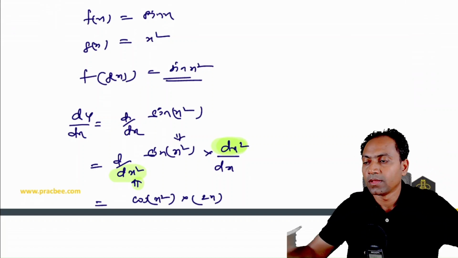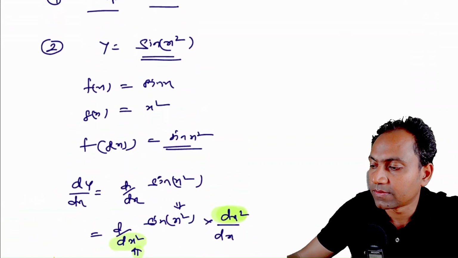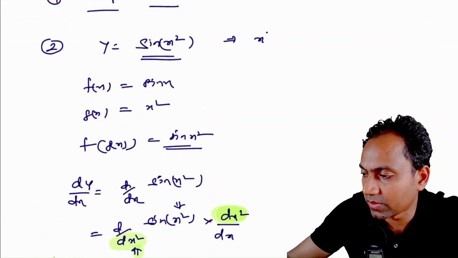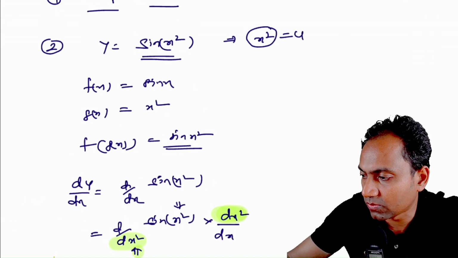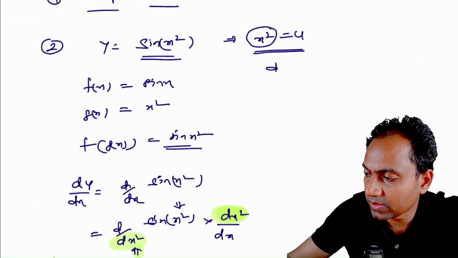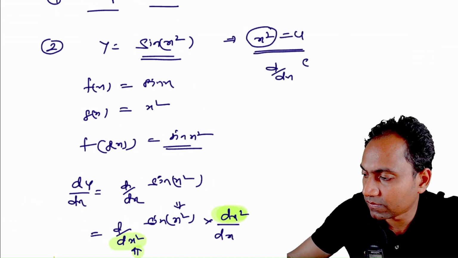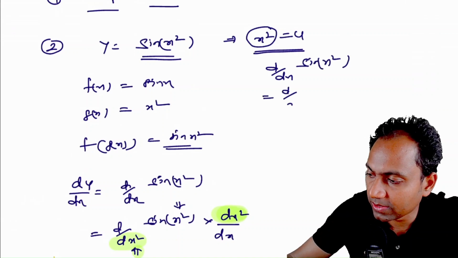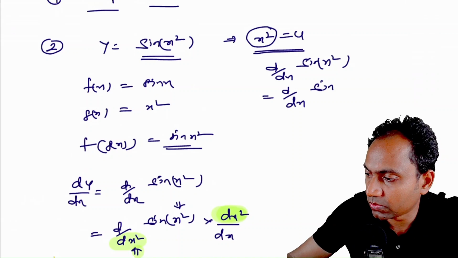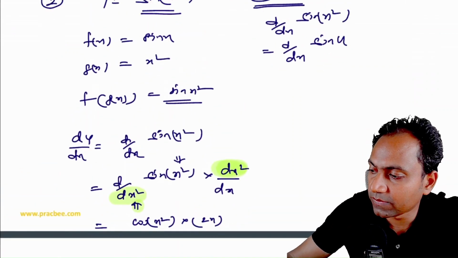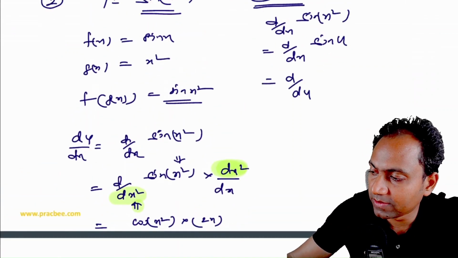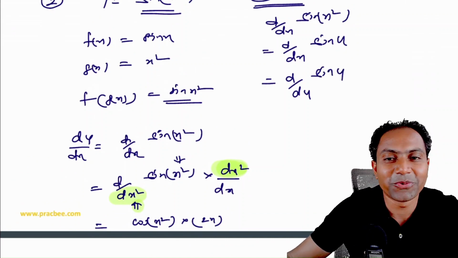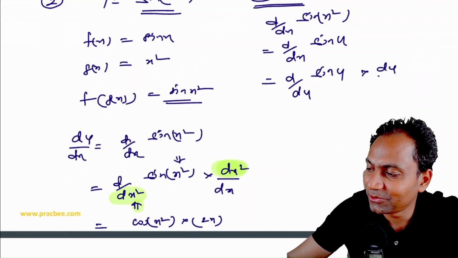Answer. So what we are doing in a general sense is we put x square equal to u. So when we are finding d by dx of sine x square, what we are doing is d by dx of sine u, and this we cannot find directly. So what we did was we multiplied and divided by du. So this became d by du of sine u, and then du by dx.